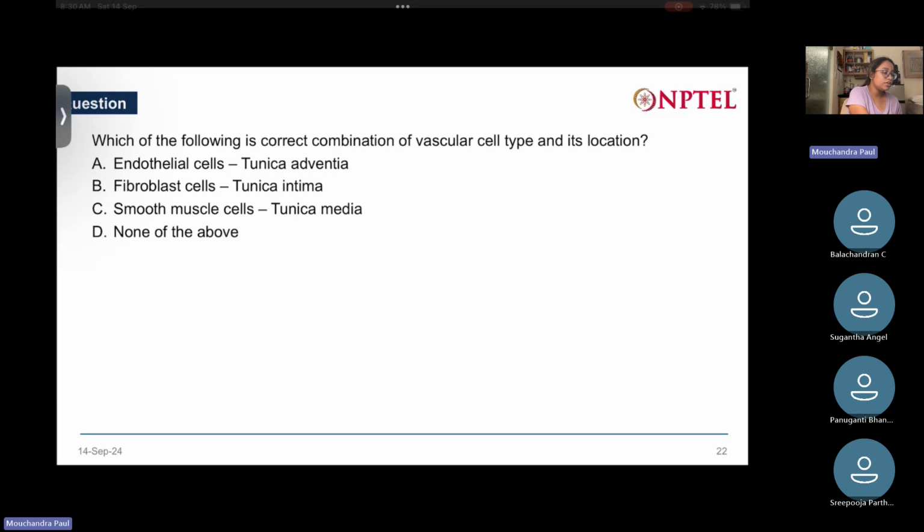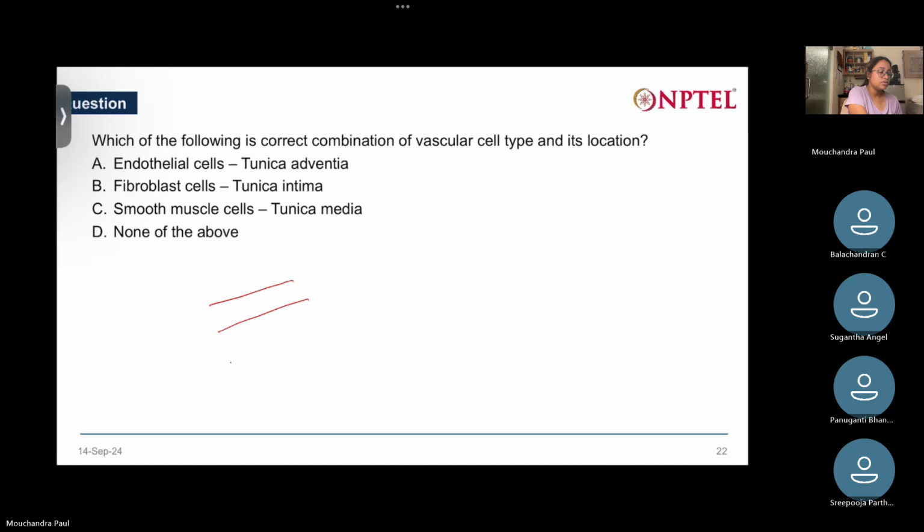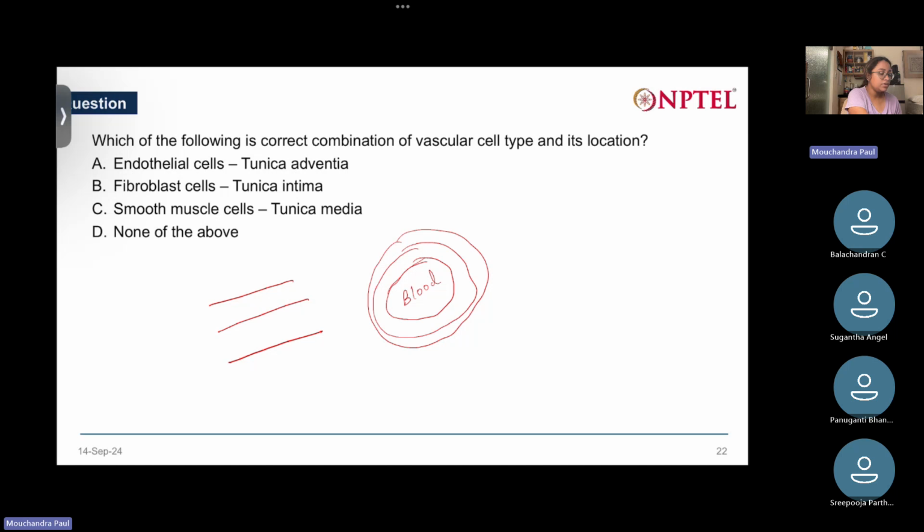So I told you, there are three layers of a blood vessel. So I drew it in a planar form, but actually it's like this, right? And here is blood. The layer which is directly in contact with blood is called tunica intima.